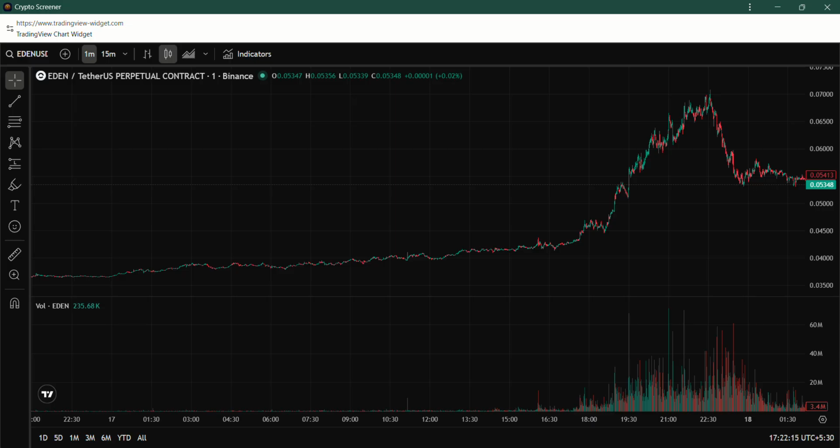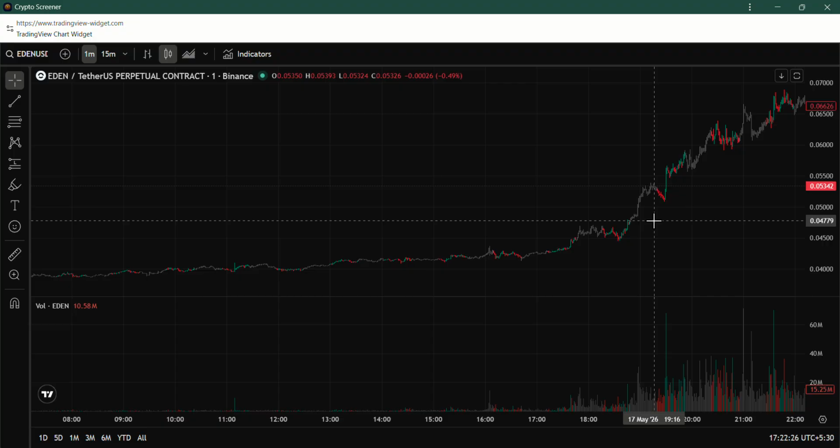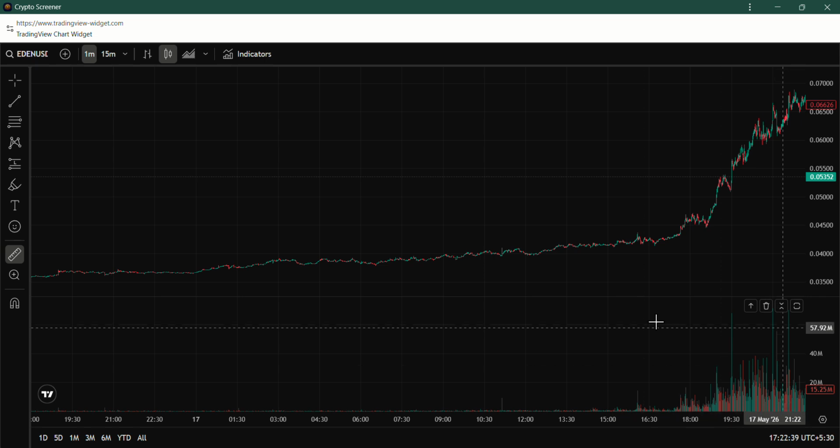I traded coins on the CoinDCX app, because these coins are mostly on that app. You can find them there, and I always traded them. Most of the coins I traded went up 300%, 400%, because there is huge volume.